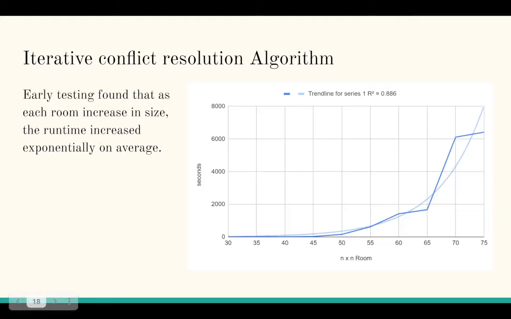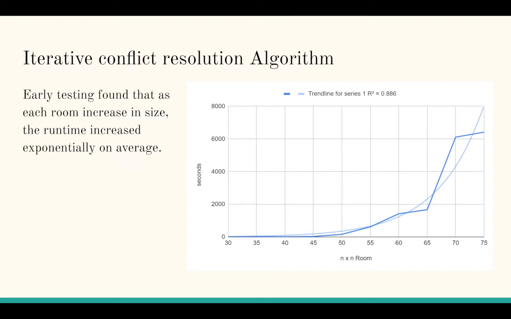All right, so here is the data that I was talking about for the runtimes. On the bottom, you have the n by n. These are all just square rooms, and it's a number of tiles. As it increases in size, the runtime exponentially just goes out of control.